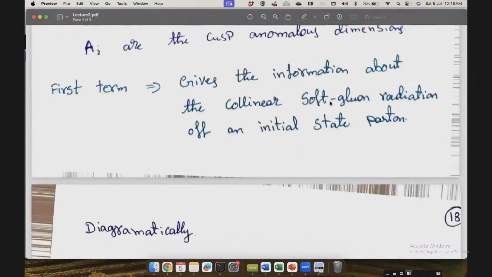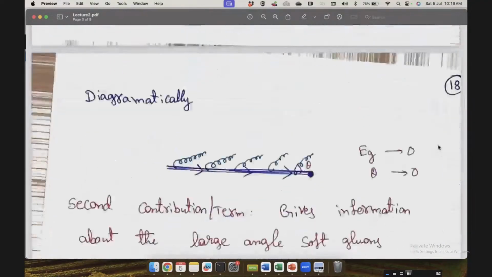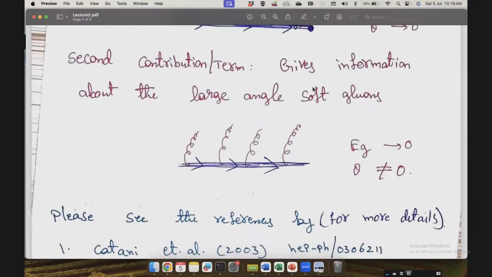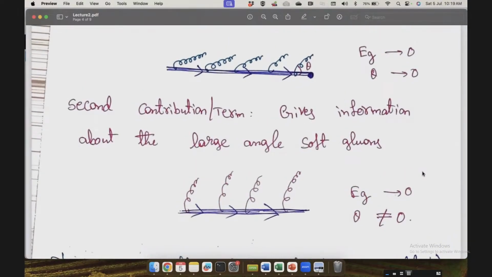Then what about the second term? The second term is this one. The second term gives information about the large angle soft gluons. They are still soft gluons, but the angle is not collinear; they are at large angle.